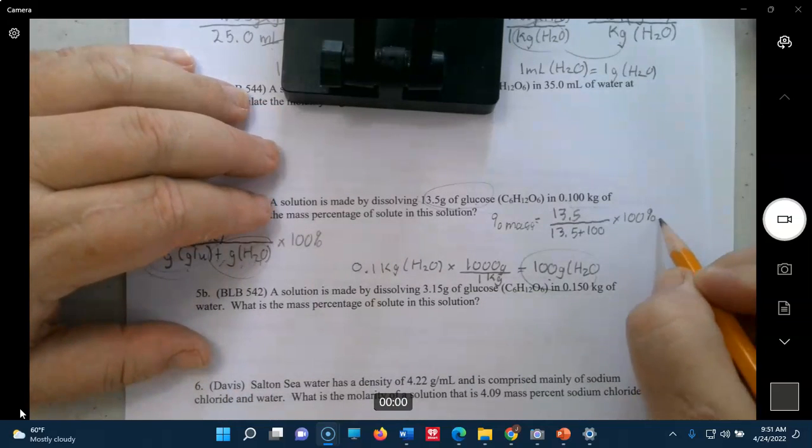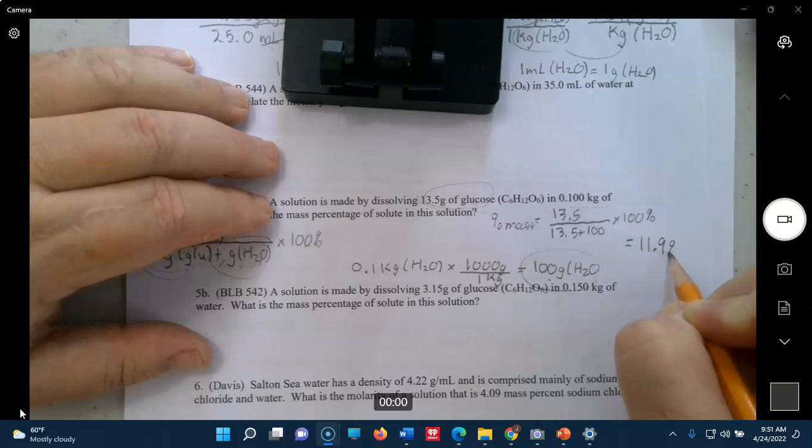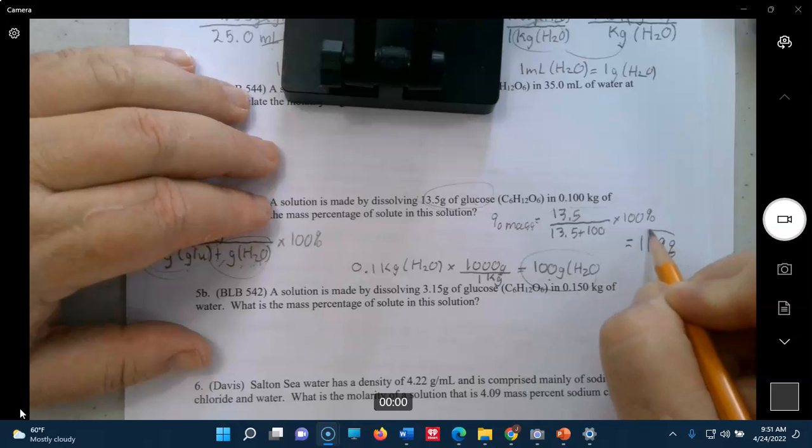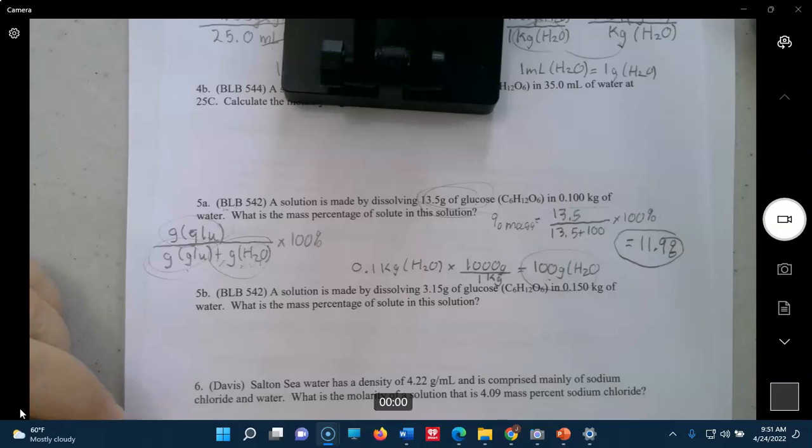So the mass percent equals 11.9% of that solution is glucose. Okay, and that's how you do that.